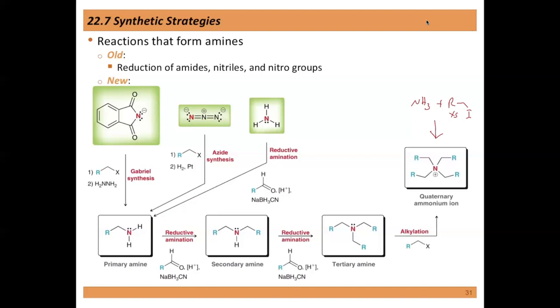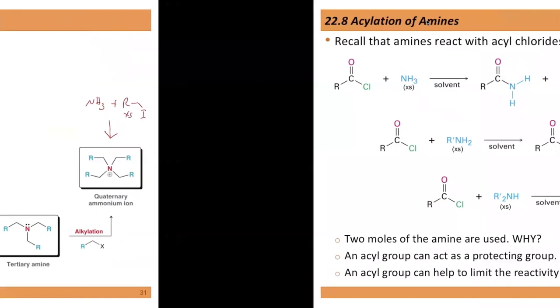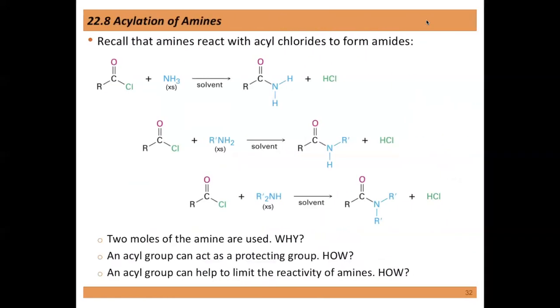So those are all the new and old reactions that we've seen to make amines. Now that we've talked about making amines, we're going to look at reactions of amines. As I keep mentioning, most of this is review. We've seen all this chemistry before.